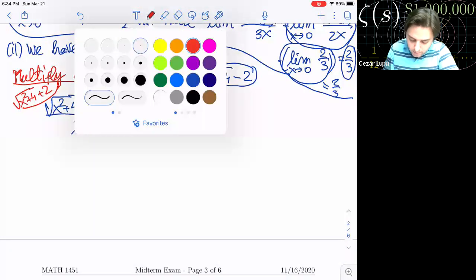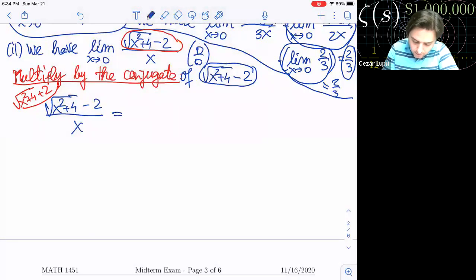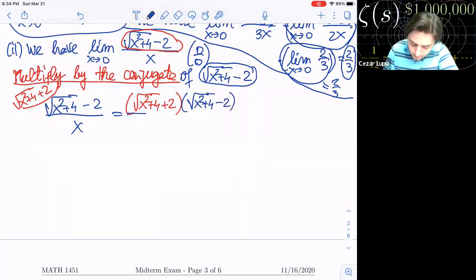So this will be equal to the square root of x squared plus 4 plus 2 times the square root of x squared plus 4 minus 2, everything over x times the square root of x squared plus 4 plus 2.